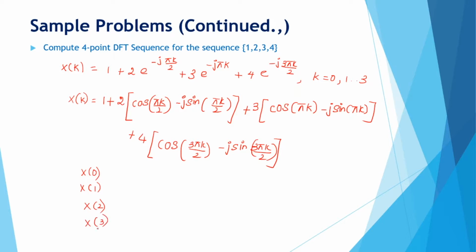Before computing all these things in the calculator, you have to keep your calculator in radians mode as well as in complex mode. These things are very, very important before doing the computations. Once you have fixed this mode, now I will play a video on how to compute DFT using calculator. Let's watch the video.